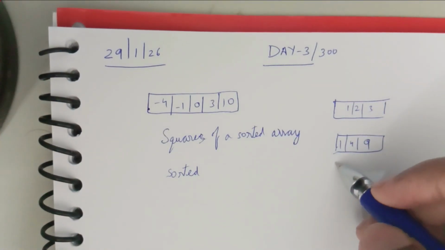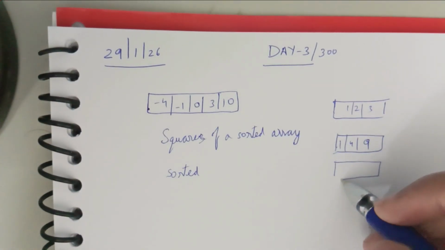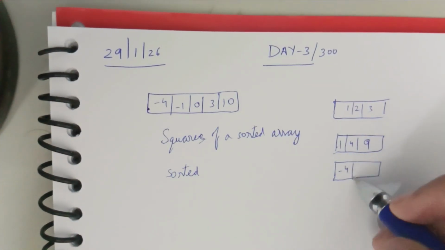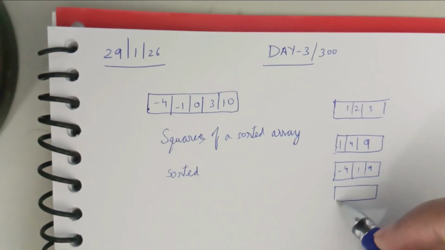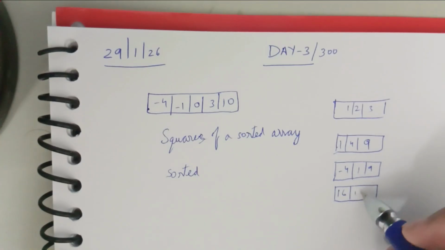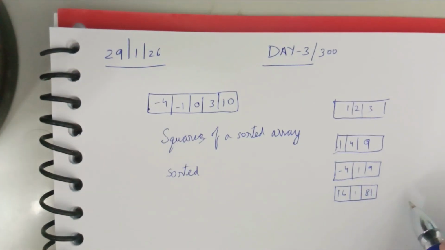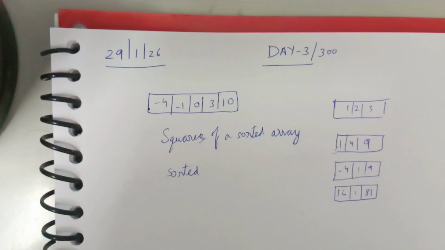But if we had -4 -1 0 3 and 10 and we square them, then we'll have 16 1 0 9 and 100. So this is not a sorted array, but the question is asking that we return the array in sorted order, in increasing order.